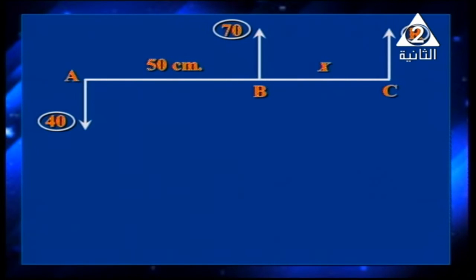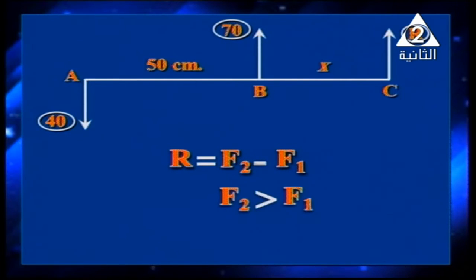We know that the magnitude of the resultant is with the bigger force, 70. Therefore, R equals 70 minus 40 equals 30 Newton. In this case, R equals F2 minus F1, F2 more than F1. Therefore, R equals 30 Newton.